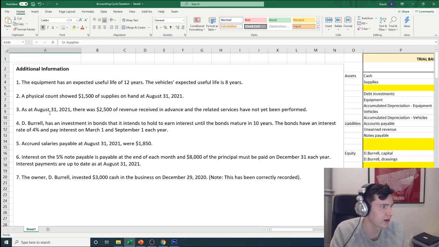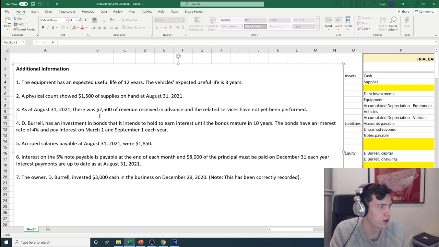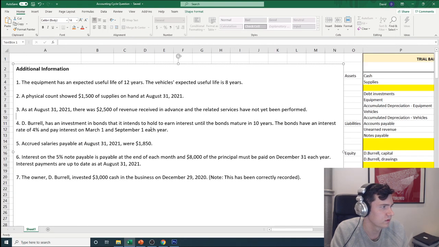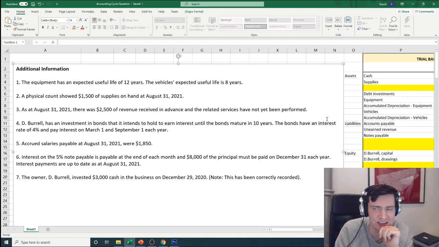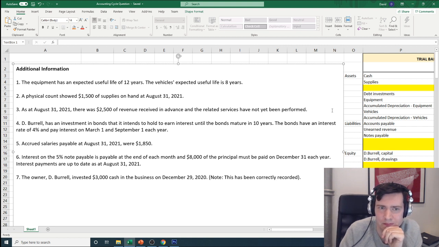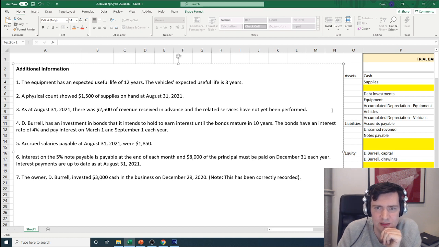Now let's go back here. August 31st, 2021. There was $2,500 of revenue received in advance and the related services have not been performed yet. What does that mean? What is that entry?